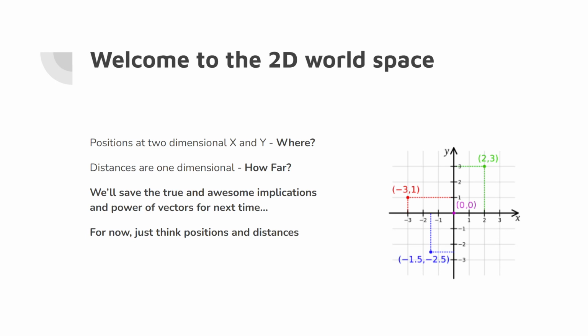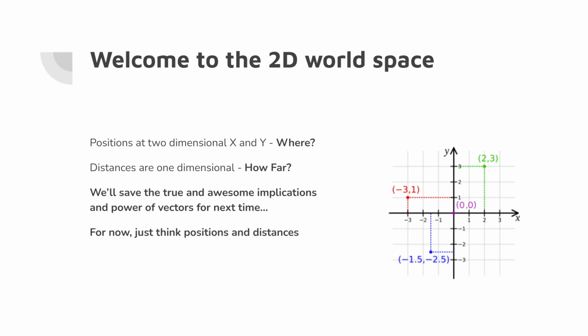One of the nice things about it is we have a position, and we can also figure out distances between things. I'm sure you've all hopefully encountered this crazy mathematical thing, Pythagoras' theorem, the Pythagorean theorem, figuring out the hypotenuse of that triangle.